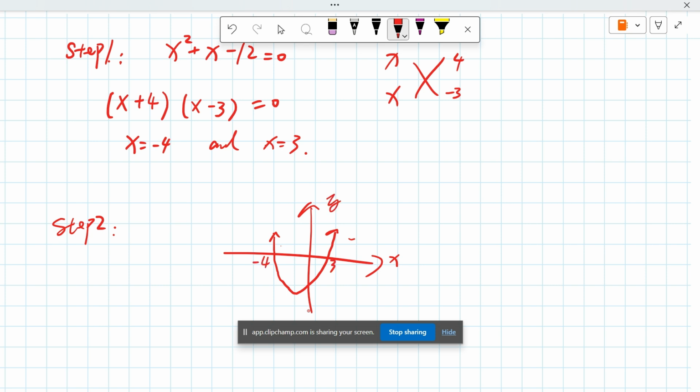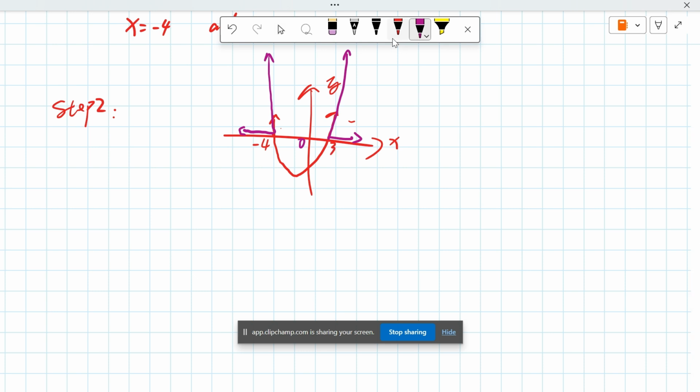Once we have that, you can say those two sides are above the 0, which is greater than 0. If x goes in that direction, and x goes in that direction, the graph will keep going up.